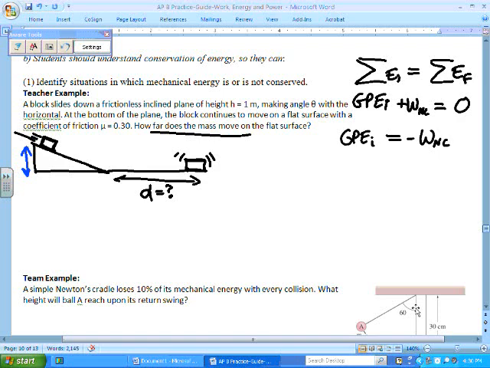So gravitational potential energy initial, that's quantified by mgh, and work we know is quantified by force times distance times the cosine of the angle between the force and the displacement. So that negative sign is going to end up canceling, because this angle right here is 180 degrees.